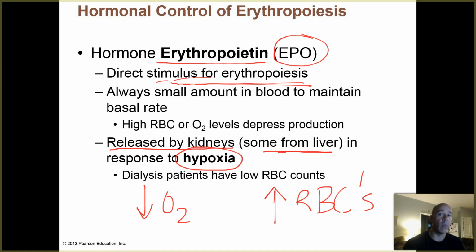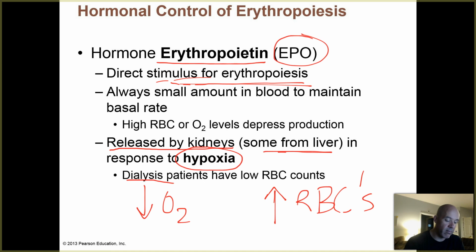By making more red blood cells, that's going to increase the amount of hemoglobin you have in your blood, which can bind more oxygen gas in your lungs and transport more oxygen gas to your tissues. Okay, so then the kidneys mainly, and also some from the liver, secrete this hormone, it travels to the red bone marrow, where it stimulates more red blood cell formation.